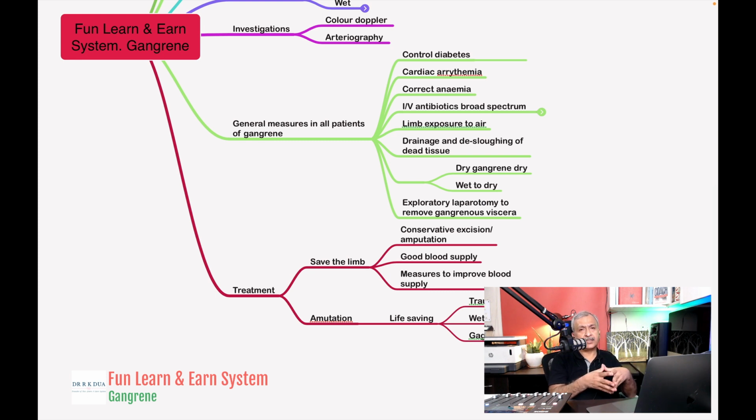In case of gas gangrene also, we have to give broad spectrum antibiotics, and along with that we may have to give some other treatment like oxygen therapy, or we can also give immunoglobulins for gas gangrene, and also we have to do early amputation if the patient is not responding to any measures.